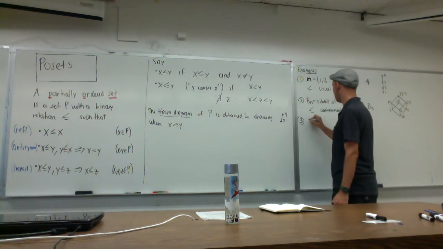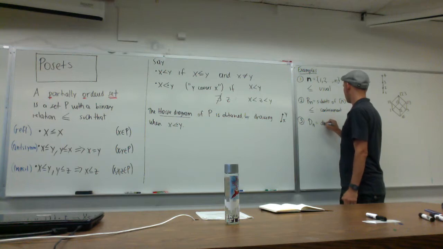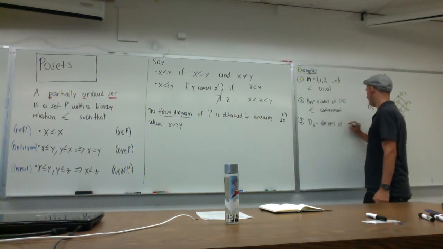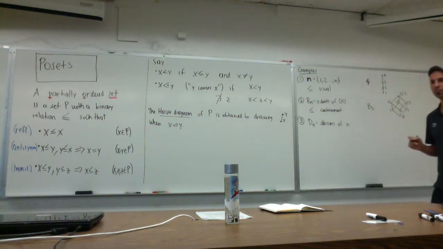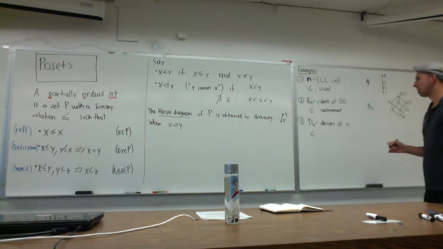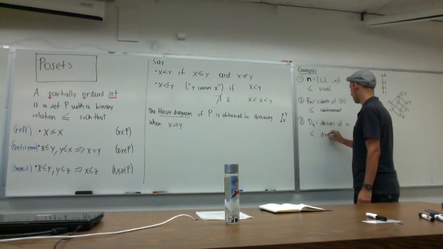Third example is the divisors of n. Okay? And our order is going to be divisibility.